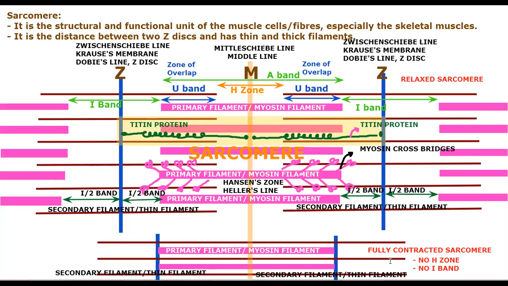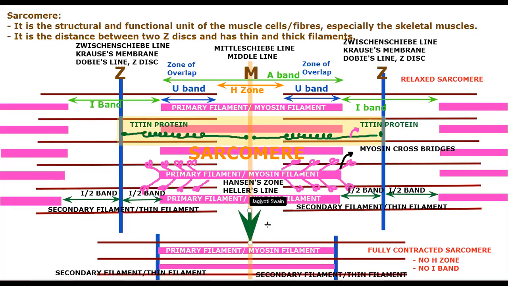So you can see this, and therefore when do we say that the muscle has fully contracted? When there is no H zone and when there is no I band. So here we can make a thick arrow. So like this.